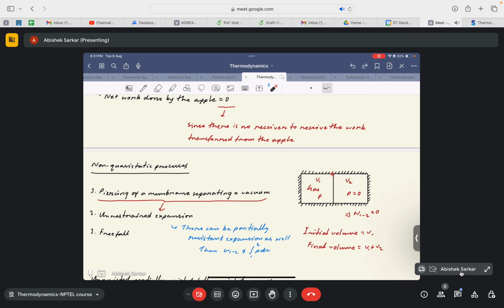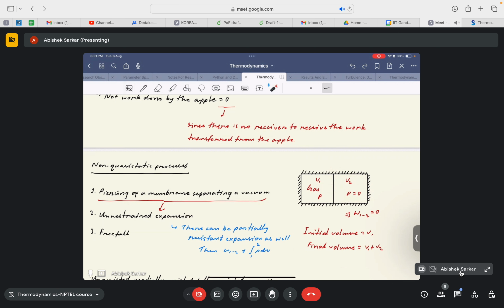One of the compartments has a gas of volume V1 and initial pressure P, and if we successfully pierce or remove this membrane, the other compartment has a volume V2 and a pressure equal to 0, that is vacuum.